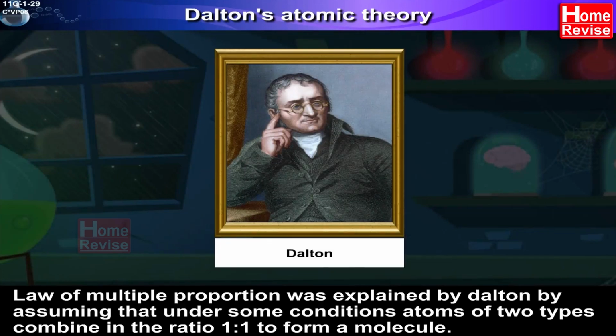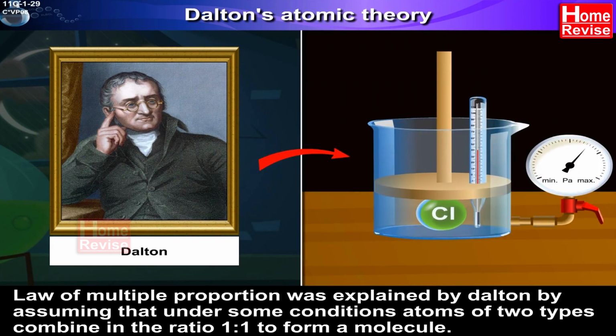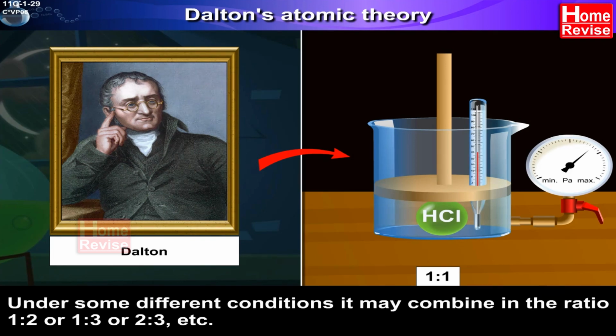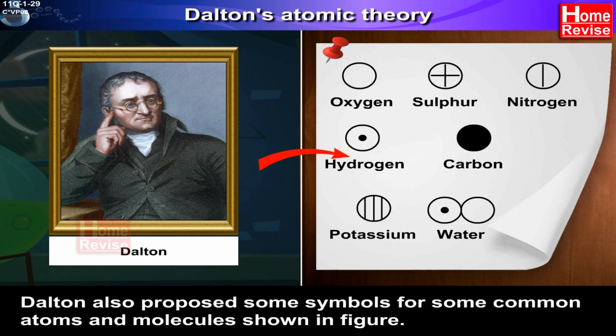Law of multiple proportions was explained by Dalton by assuming that, under some conditions, atoms of two types combine in the ratio 1:1 to form a molecule. Under some different conditions, it may combine in the ratio 1:2, or 1:3, or 2:3, etc. Dalton also proposed some symbols for some common atoms and molecules, shown in the above figure.